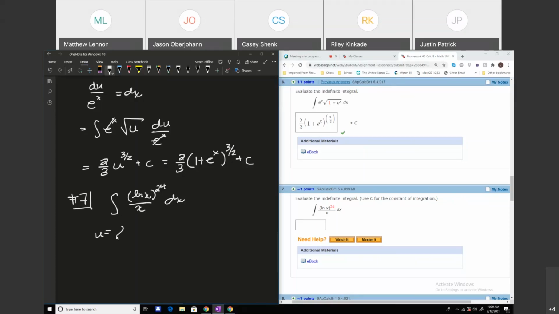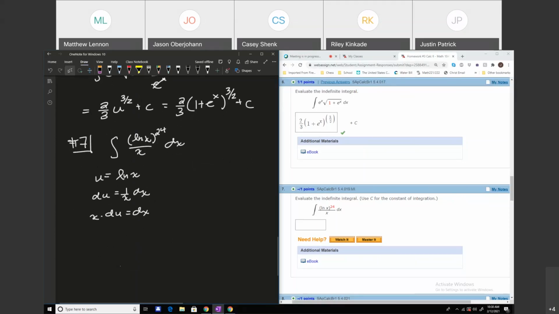So here we let u be the natural log of x. So du is 1 over x dx. So x times du is dx. So our integral becomes the integral of u to the 24th over x times x dx.